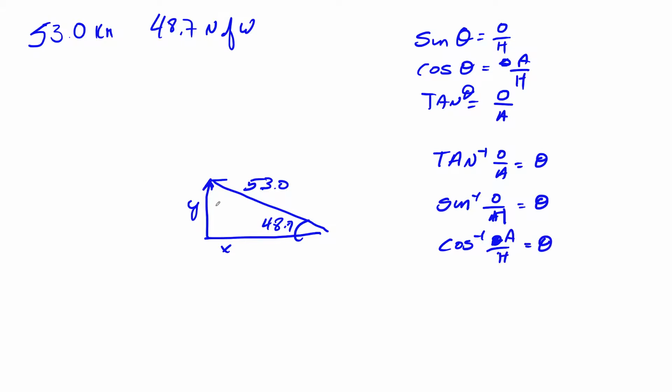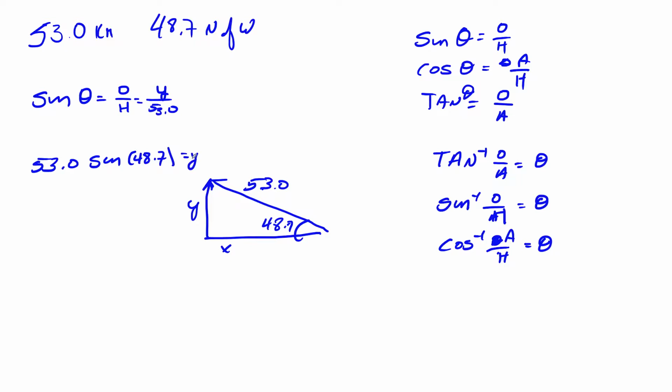So what we want is just to know what x and y are, and folks, that's going to be easy. Remember, sine of the angle is equal to opposite over hypotenuse, which is y divided by 53.0. So multiply both sides by 53.0, and we have 53.0 times the sine of 48.7 gives me my y.